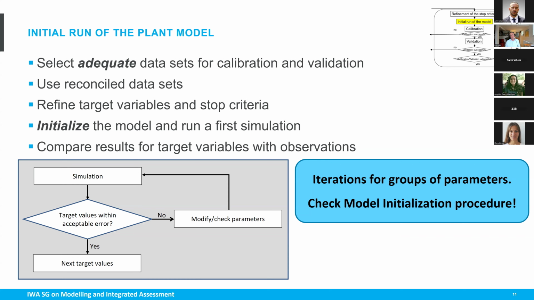And then, very important and not very often discussed, you have to initialize your model, right? You can do that by running a steady state solver, but that means you're running it on the data you're using in your calibration.